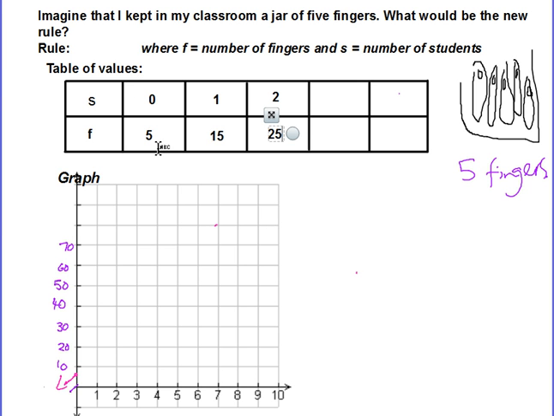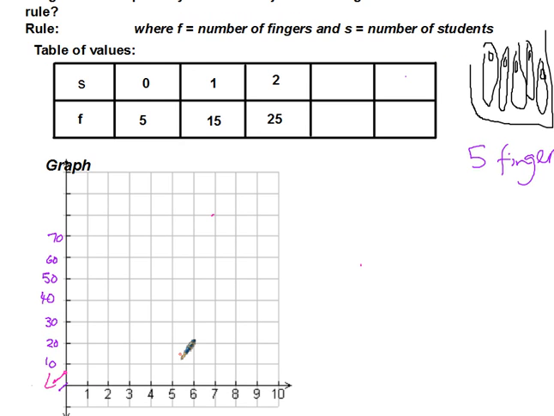My first point is the point 0, 5. So it's not going through the origin this time. It's going through this point here, 0 on the x-axis and 5 on the y-axis.